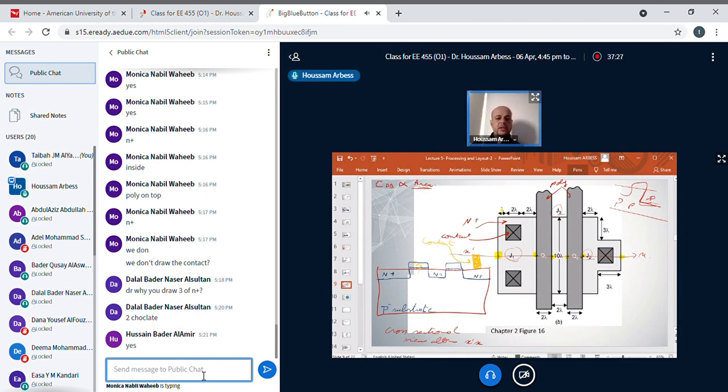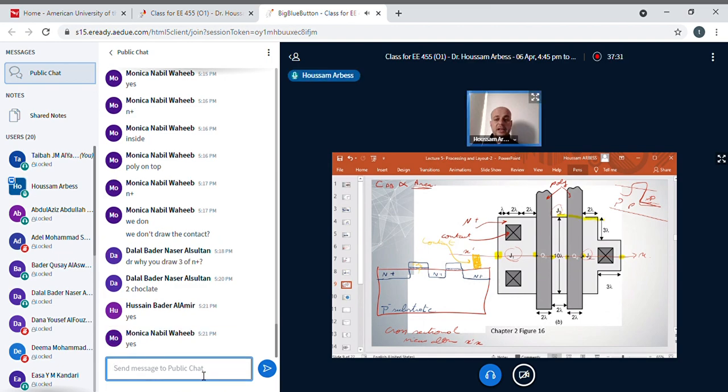You have to know that this layer n plus takes the whole area. But why didn't I sketch n plus here if it takes the whole area?